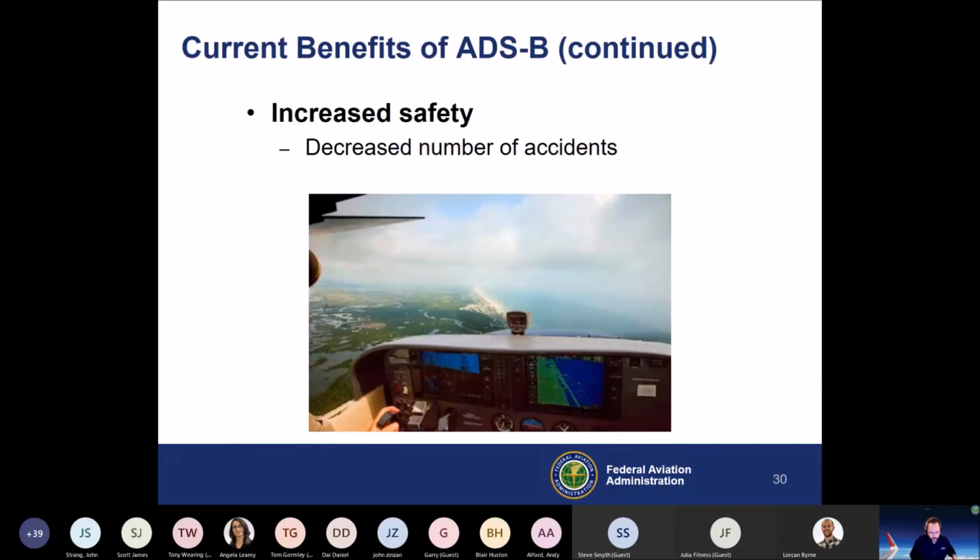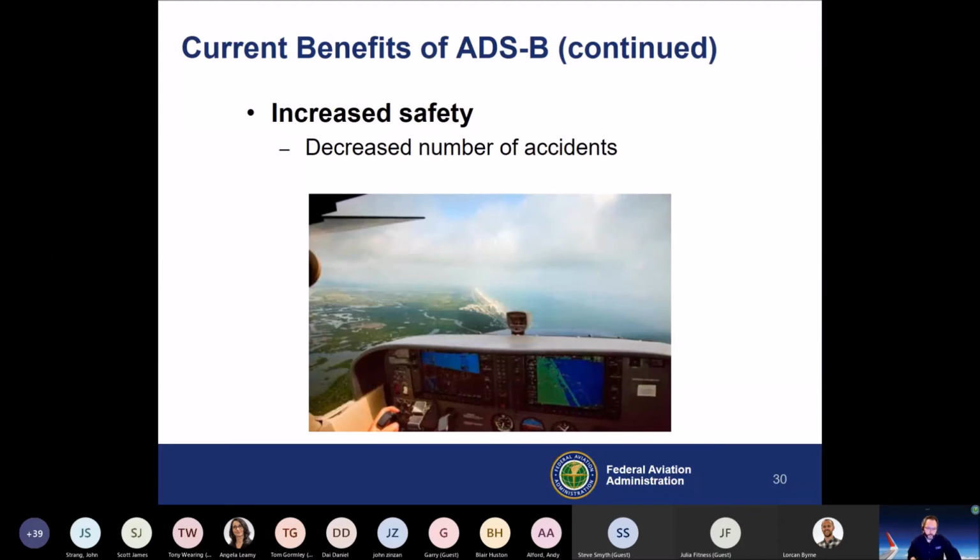I think this one's really interesting. We did a study looking at general aviation aircraft, comparing the accident rate for those that are equipped with ADS-B in and those that weren't. What we found is that the FAA has seen a 44% reduction in accidents for ADS-B in equipped aircraft for the types of accidents we're studying.